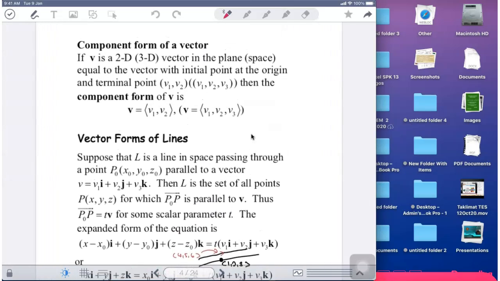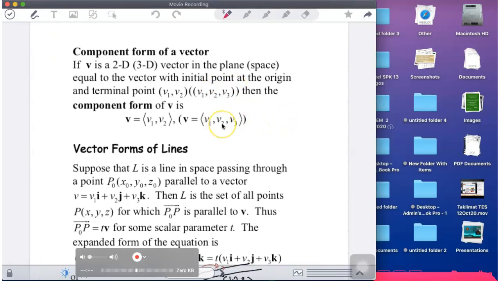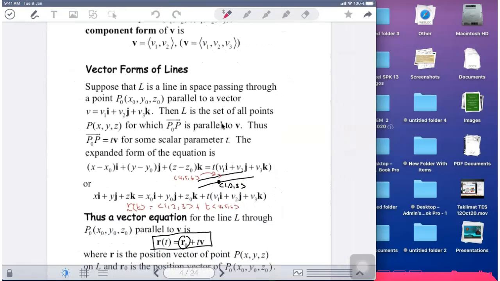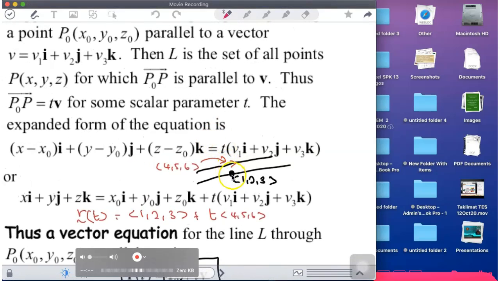And what else do you have to know? Component form, which is also very basic. And then the vector form of a line. Let's see here. You are given two pieces of information. First, a point located at (1, 2, 3), where x equals 1, y equals 2, and z equals 3.